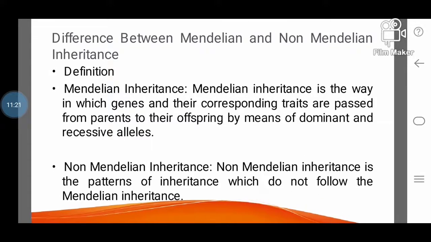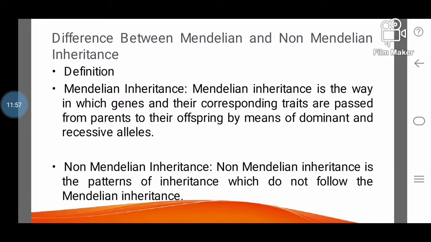So let's move on to the differences between Mendelian and non-Mendelian inheritance. In Mendelian inheritance, genes and their corresponding traits are passed from parents to their offspring by means of dominant and recessive alleles. While in non-Mendelian inheritance, the patterns of inheritance do not follow Mendelian inheritance.